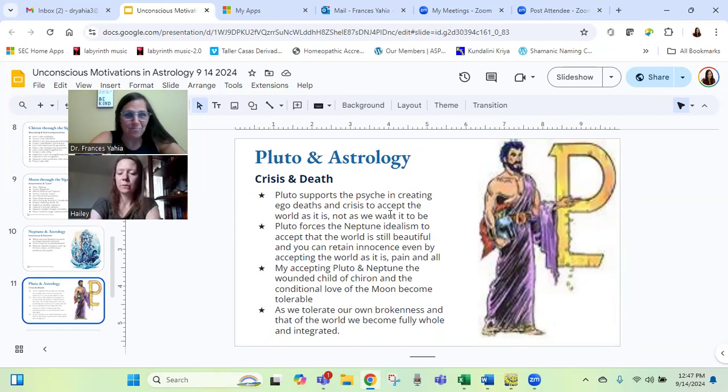We're all Neptunian and Plutonian, and it brings us to that Chiron moon, that we're all wounded children looking for some recognition and acceptance of ourselves and our woundedness and brokenness. And that's how we really bring all that unconscious to consciousness. But we need the Pluto in order to do that, to get back to that Chiron moon.